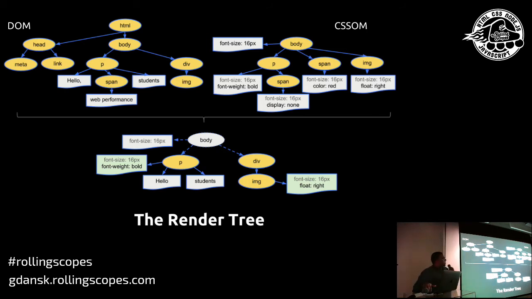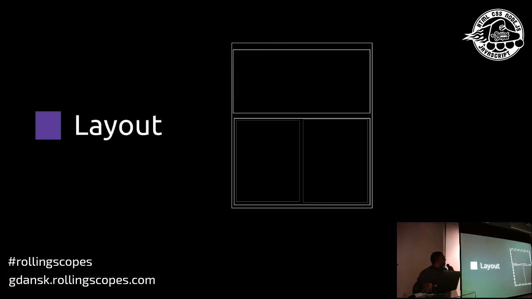So the render tree is very nice. And after you have your render tree done, the browser will move on to the next step. This part is the layout part. Here we have no pixels, still no pixels. The users can see nothing, still nothing. But the browser is doing our blueprint, putting in dimensions and making a lot of calculations.